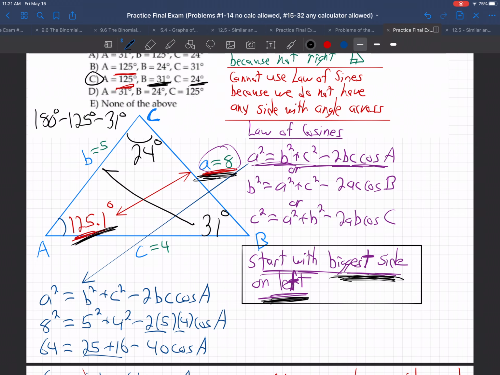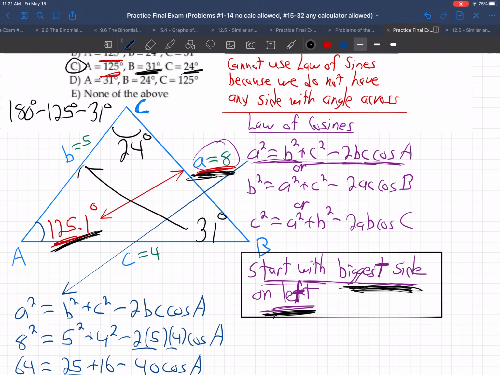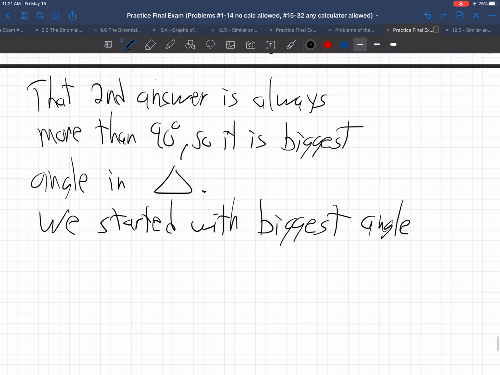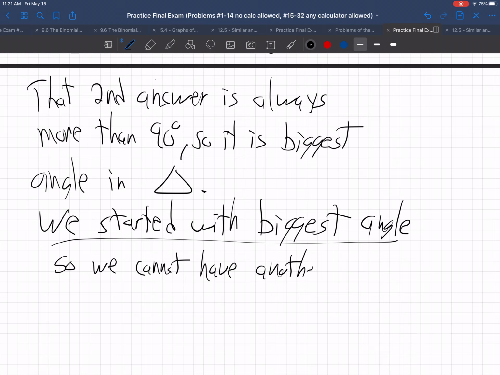And the medium side has the medium angle, right? 5 is the medium side, 31 is the medium angle. Smallest angle, smallest side, that's how it always works in a triangle. An angle's opening affects the side across from it. So the biggest angle is across from the biggest side, medium, medium, small, small. So when you start with the biggest side, you're getting the biggest angle. So what's my point in all that? We started with the biggest angle, so we cannot have another biggest angle.